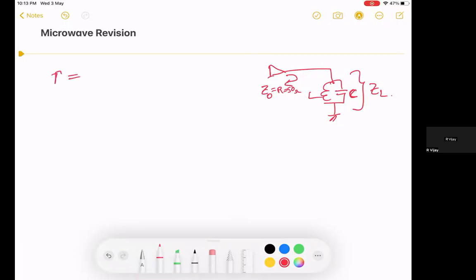It's Γ = (Z_L − Z0)/(Z_L + Z0), right? And already I've said Z0 we're going to write as R, and Z_L is the parallel combination of the impedance of L and the impedance of the capacitance C.